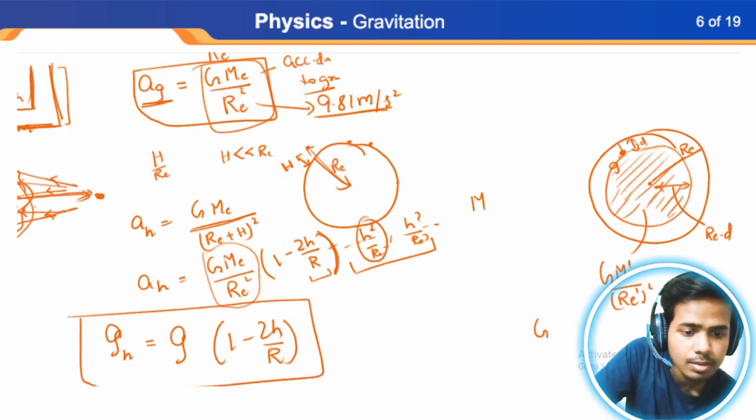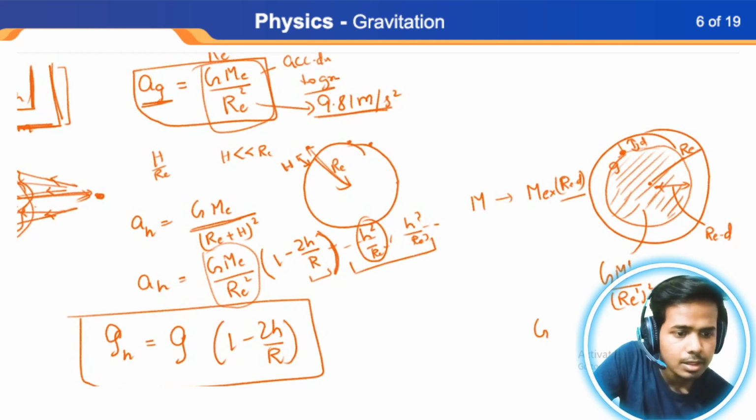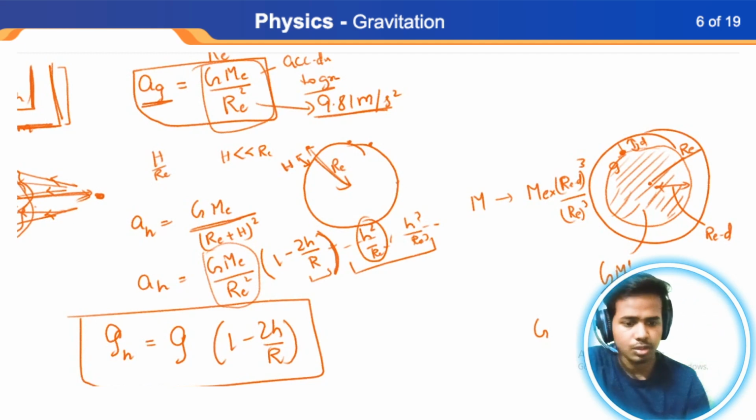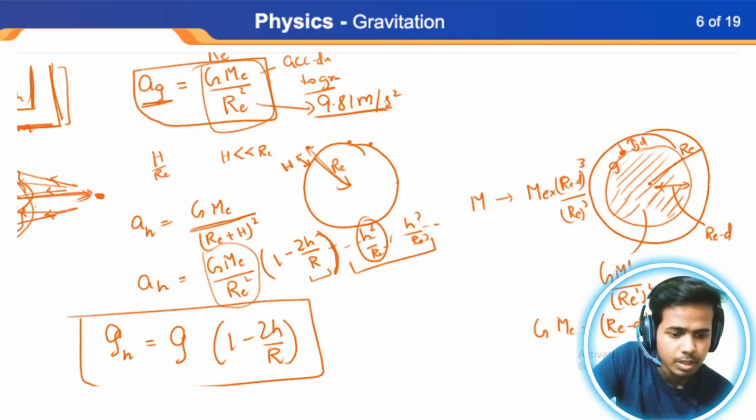How can you calculate the mass? It will be the actual mass of earth into the radius, which is (Re minus d), divided by Re, the whole cube. So we can write it as Me into (Re minus d) whole cube divided by Re whole cube, divided by Re dash, which is nothing but (Re minus d) the whole square.